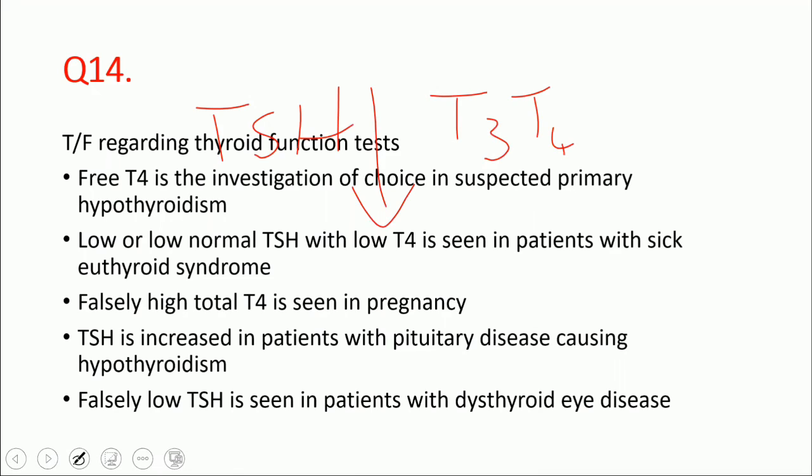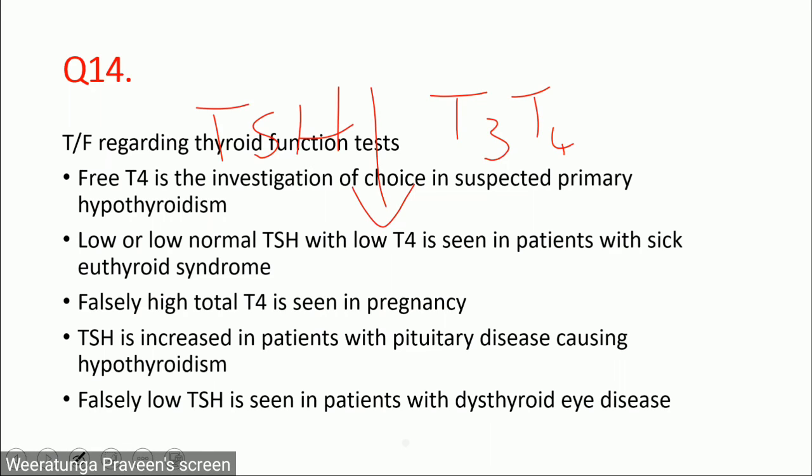If this occurs in the setting of hypothyroidism, where the patient is clinically hypothyroid and has low TSH and low T3, T4, this indicates a pituitary problem or secondary hypothyroidism, where the pituitary axis or the hypothalamic axis is failing, giving rise to low T3, T4. You see this pattern very commonly in patients with pituitary problems, pituitary tumors, hypopituitarism.